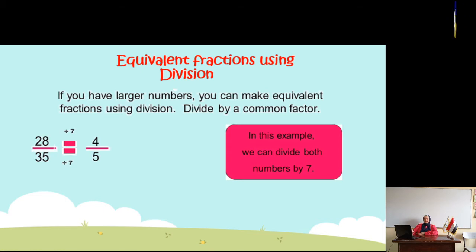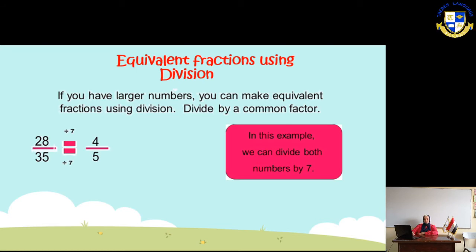What is the common factor between them both? 28 means 7 times 4, and 35 means 7 times 5. So the common factor between them is 7. So we are going to divide by 7. So we are going to make 28 divided by 7 equal 4. Then 35 divided by 7 equals 5.